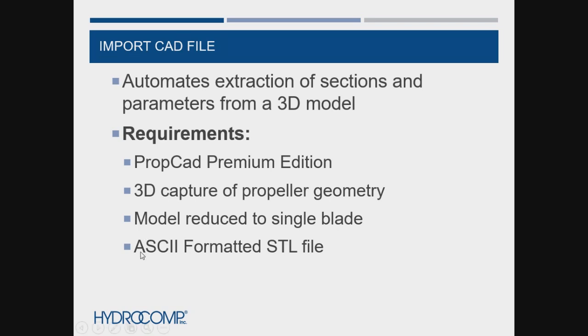The last requirement is an ASCII formatted STL file. And this is a fairly common format. Almost any CAD program can output an STL file, and that was why we started with this file type. In the future, we'll expand to more as it makes sense, but for now, this is really able to accomplish what most people need.